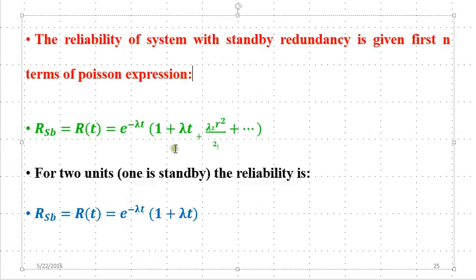Now into bracket 1 plus lambda t plus lambda square t square over 2 factorial up to the last term. For instance, if I am having only 2 units connected in parallel in passive standby mode, this is my first term of the expansion and this is my second term of the expansion. They are the ones I'll take to give me my overall reliability.